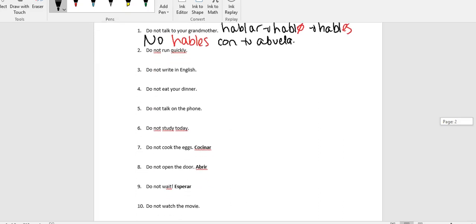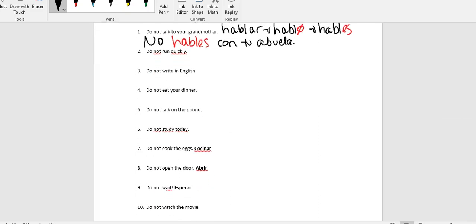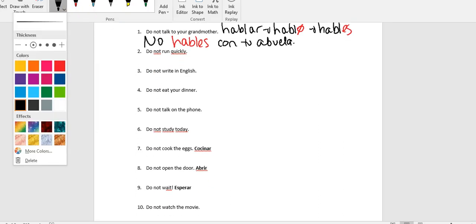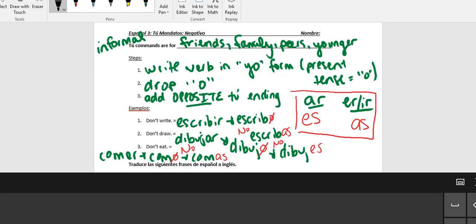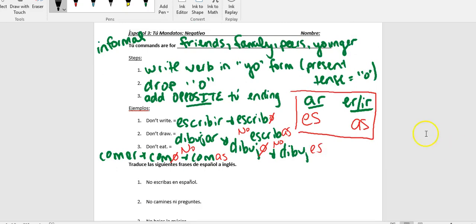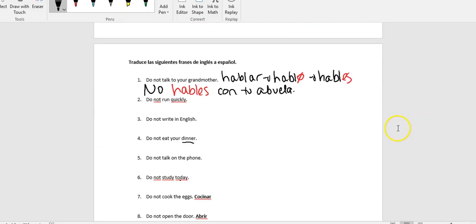A couple of things. Students kind of got caught up on dinner. Don't get caught up. If you forgot dinner, what's another word you could use? Food, plate, meal, okay? Today, remember that anoche seemed to be the popular way to do this, is last night. That actually means last night. So that's not the one you want to use.